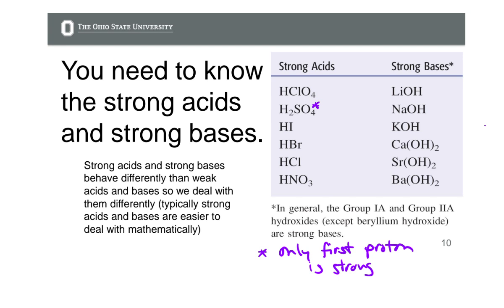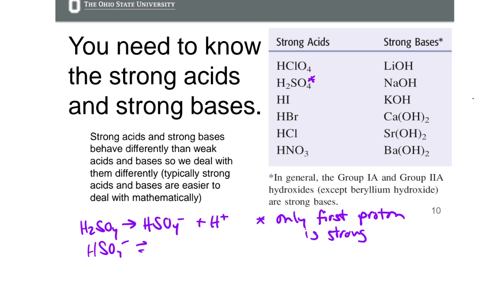The first one completely dissociates in water to get HSO4 minus. HSO4 minus is a weaker acid, so it has an equilibrium with its conjugate base. Okay. But in your textbook, H2SO4 is listed as a strong acid.